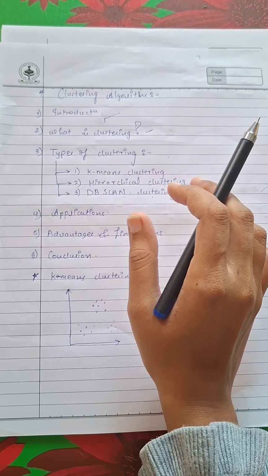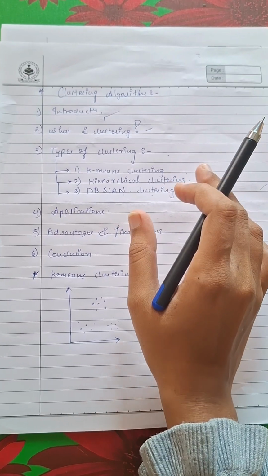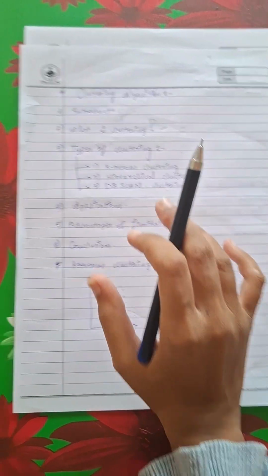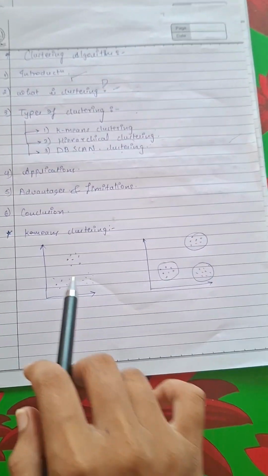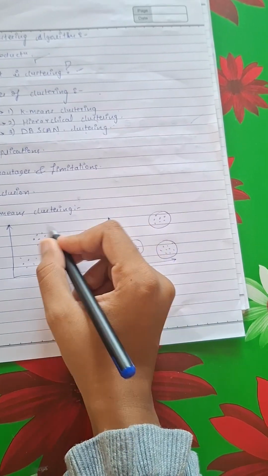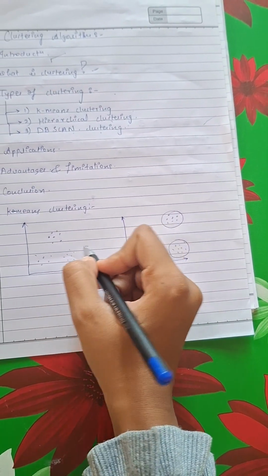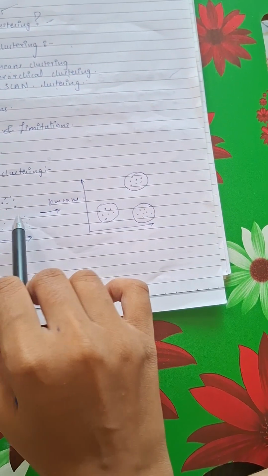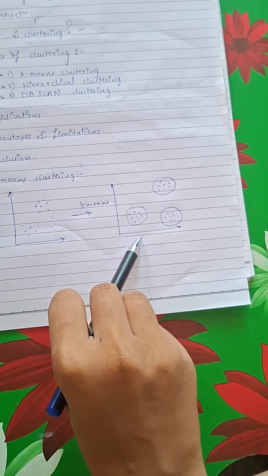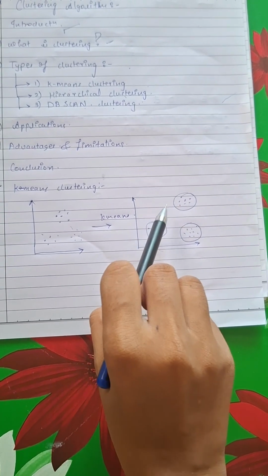Now let's see how the k-means clustering algorithm works. For example, this is unlabeled data, right? When we use the k-means algorithm, it gives this to us in groups, which are clusters.